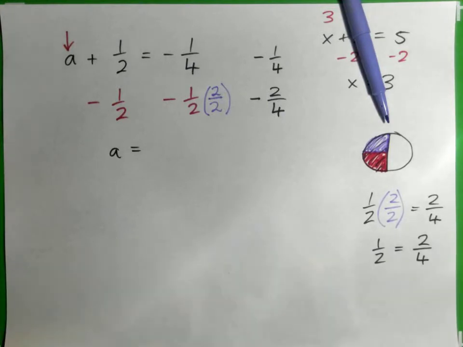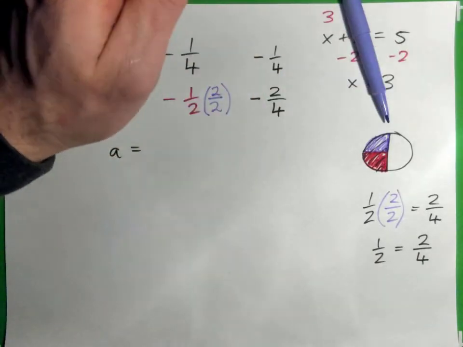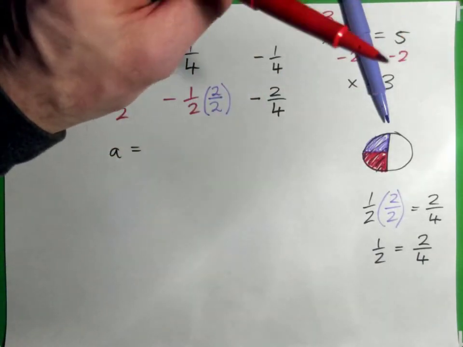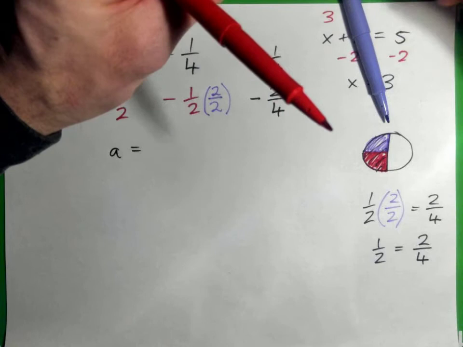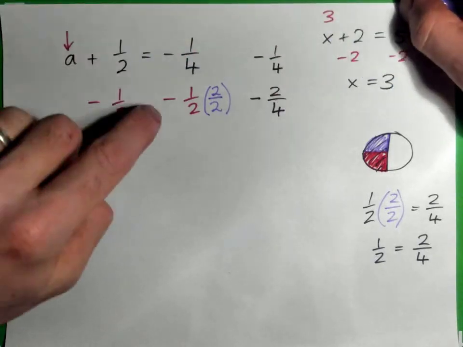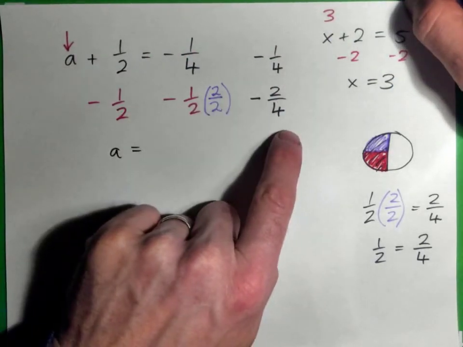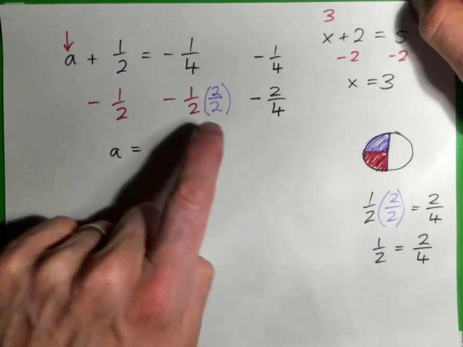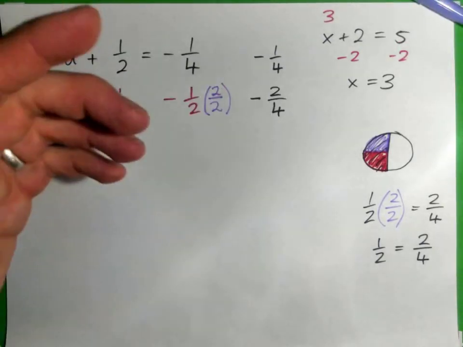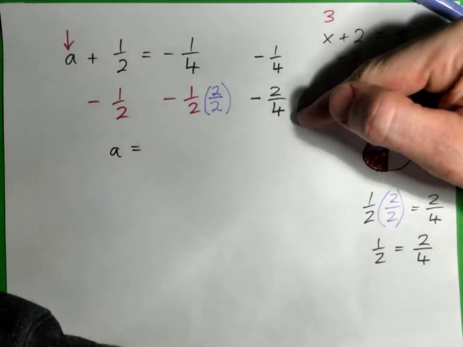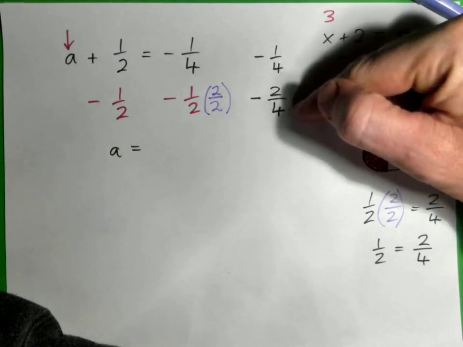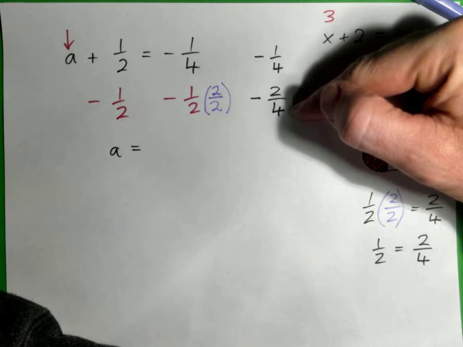If you had 2/4, how much money is that? 50 cents. If 50 cents is 1/2 of a dollar, isn't it? Okay. So we're okay with the half becoming 2/4, right? So negative a half just becomes negative 2/4. Does that make sense? Okay.